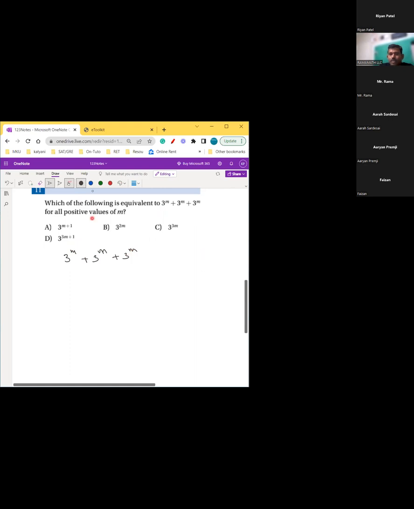Let's say they're all the same terms. If I have a plus a plus a, what do I write? This is basically 3a. Agree, everybody? Because of combining like terms. Now same logic, I'm going to use it here, so I can write 3a.